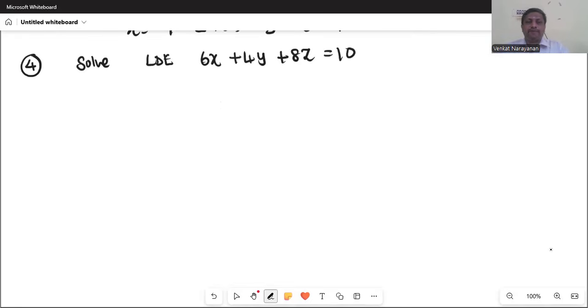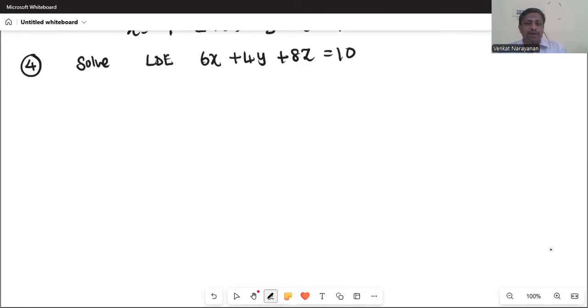We understand that the equation contains three variables, x, y, and z. But we have the solution only for equations that contain x and y. But here, the third variable z is also available. So what is the procedure? First, we want to convert this problem in terms of two variables. We want to solve that problem.